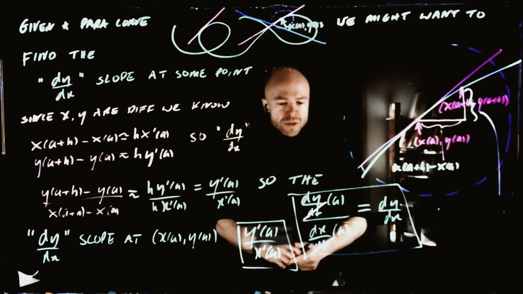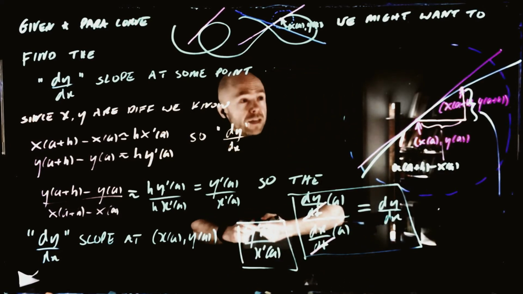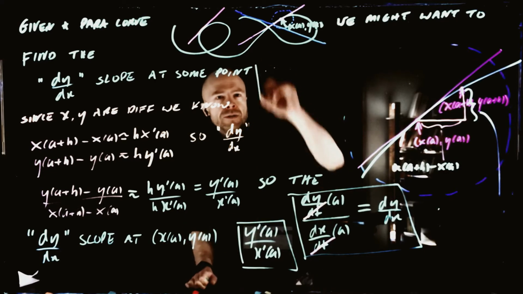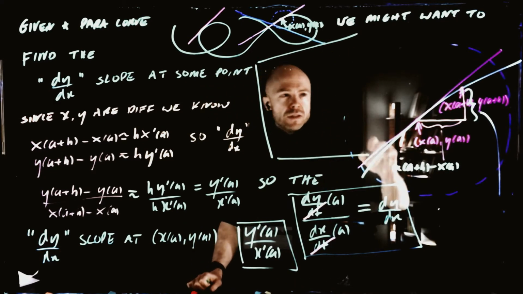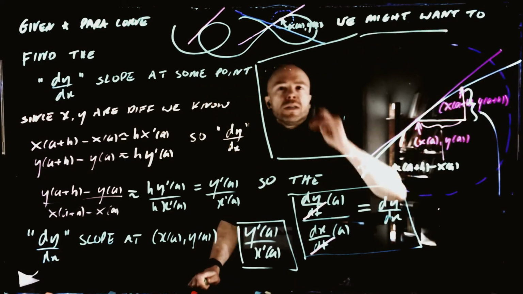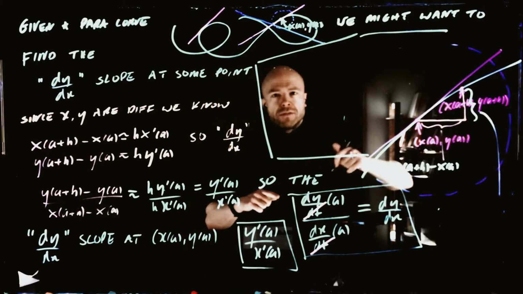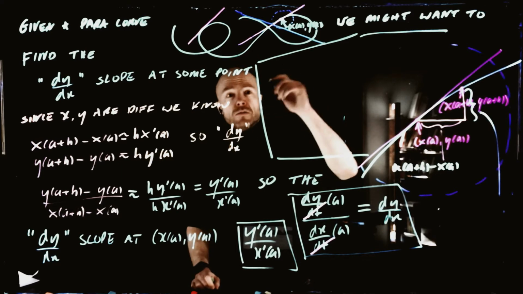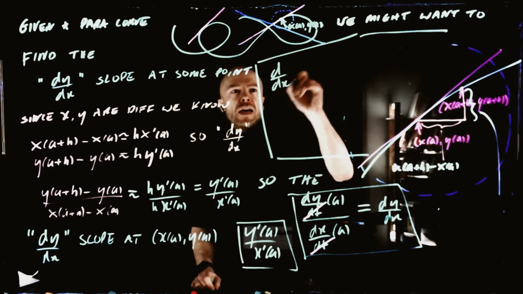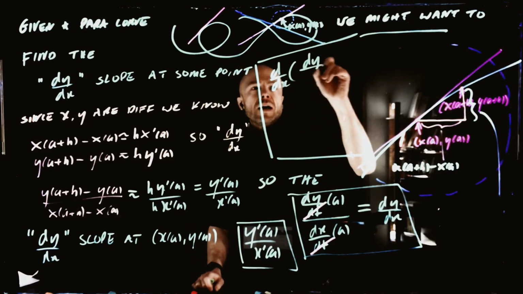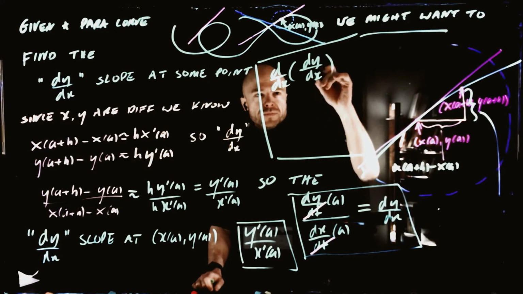But the reason I say that is that if we want to find the second derivative, which tells us concave up or concave down, it is what we do when we calculate d by dx of dy by dx, right?